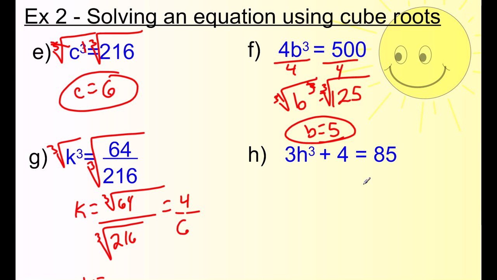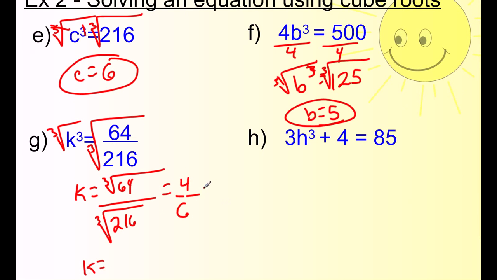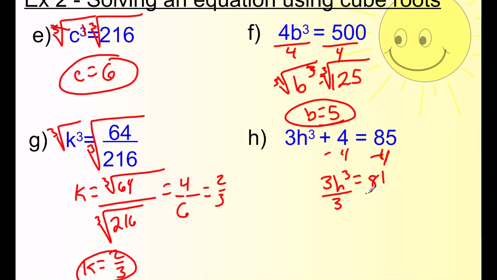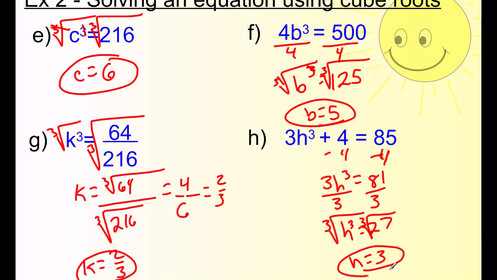And 216 is 6, and 4 over 6 simplifies to 2/3. And letter h, let's see, minus 4 minus 4, 3h cubed equals 81. Divide both sides by 3, h cubed equals 27, cube root that beast, and that one, and h equals 3.